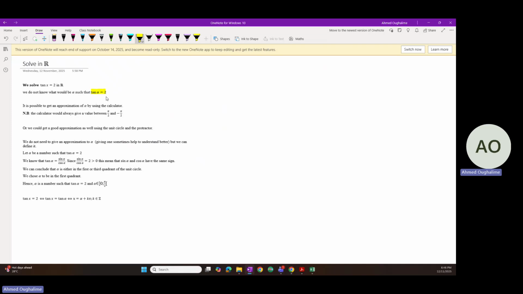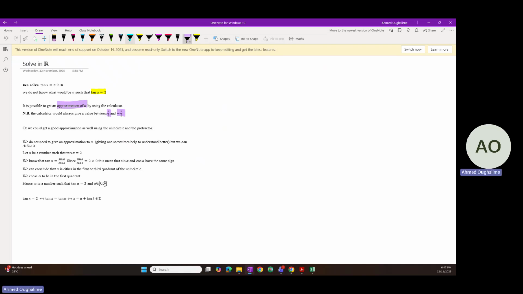So we can use the calculator to give us an approximation of alpha. The calculator will never give us the exact value of alpha, and it would always give us a value between negative pi over 2 and pi over 2. We have to be careful with that.